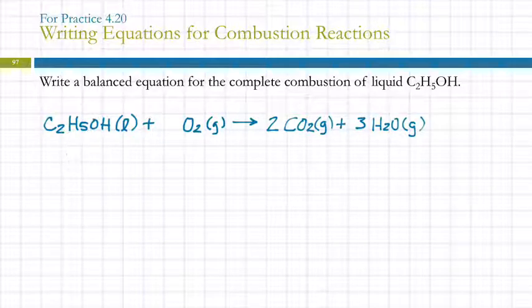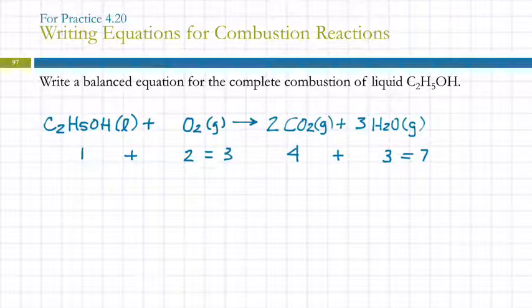So in this molecule, I have 1 oxygen. Here I've got 2 oxygens. In my 2 CO2, I've got a total of 4 oxygens. And in my 3 waters, I've got 3 oxygens. So I've got a total of 7 on the right side and 3 on the left side.